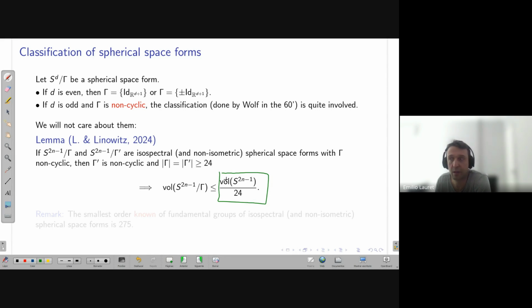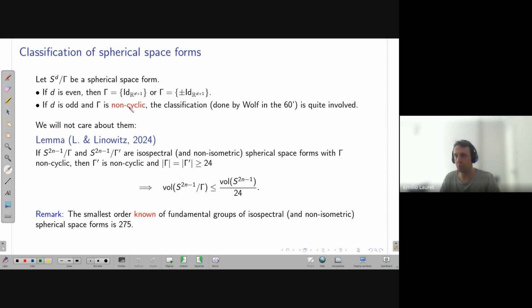If we find in some dimension spherical space forms with cyclic fundamental group, a pair of them isospectral with at least 23 elements, then we will know that the highest volume is realized in a lens space and not in one of these. This is what we are going to use in the rest of the talk.